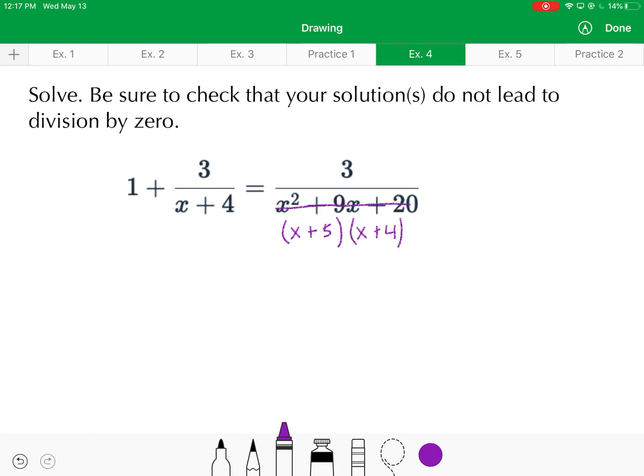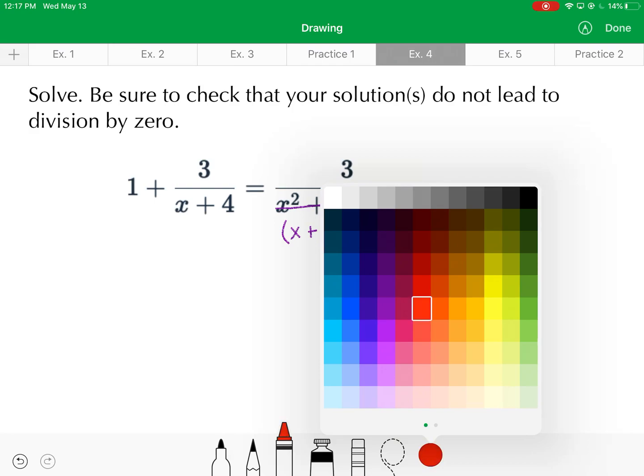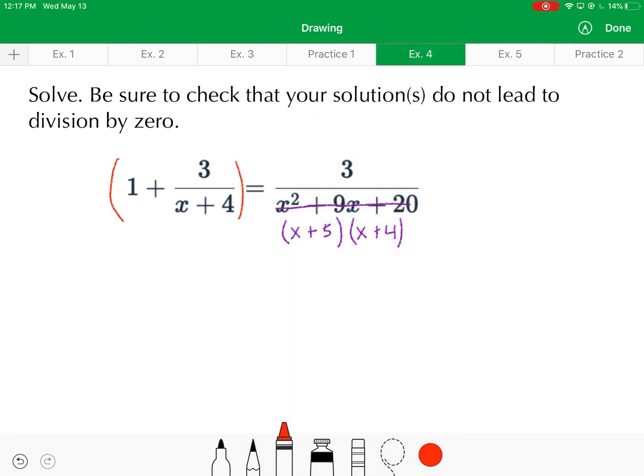Okay, so there I can now compare it with my other fraction to see that the common denominator is x plus 5 times x plus 4. So that's what I'm going to multiply both sides of this equation by.